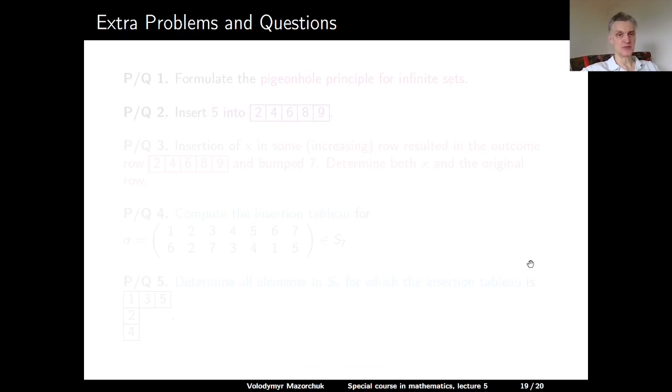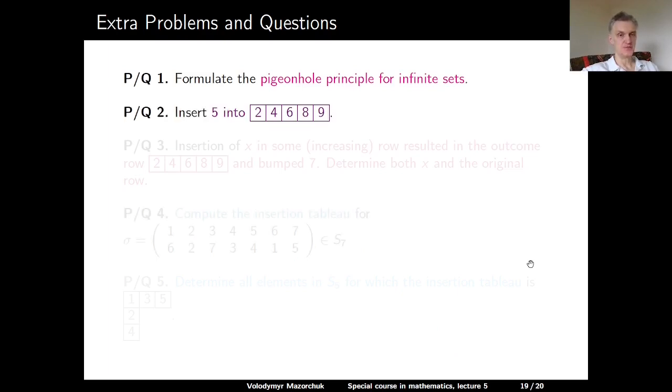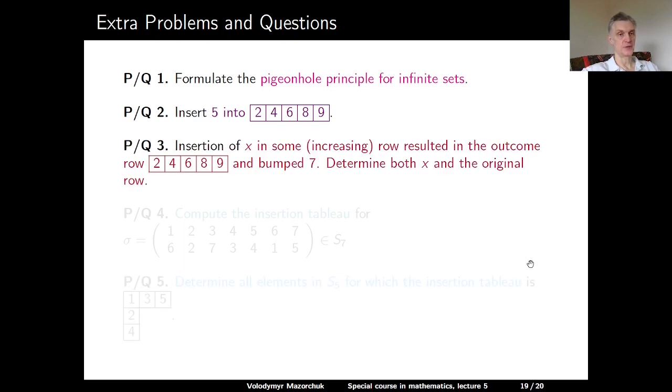Here are some extra problems and questions. Problem question 1. Formulate the pigeonhole principle for infinite sets. Problem question 2. Insert 5 into the row 2, 4, 6, 8, 9. Problem question 3. Insertion of some element x in some increasing row resulted in the outcome the row 2, 4, 6, 8, and 9, and the bumped element 7.